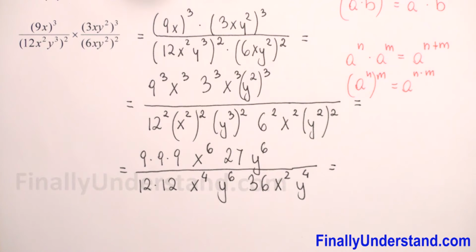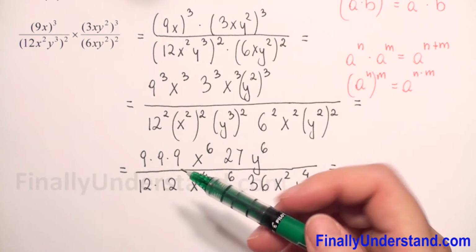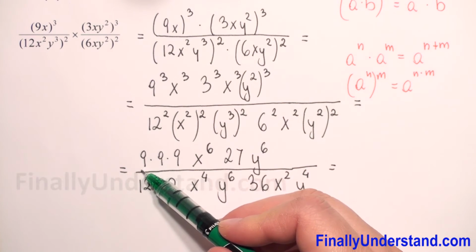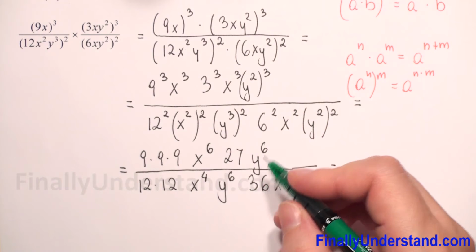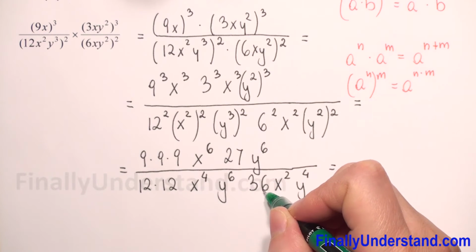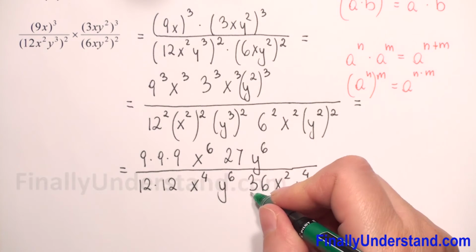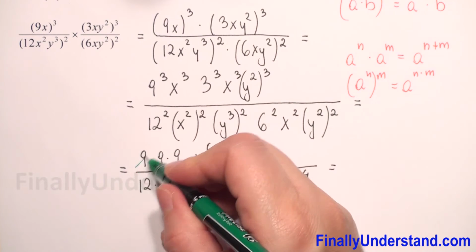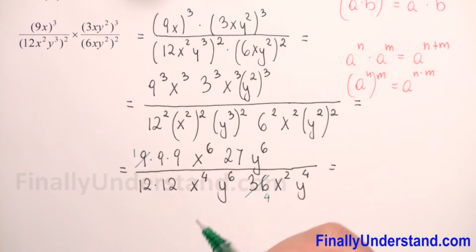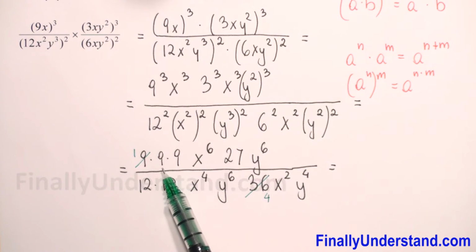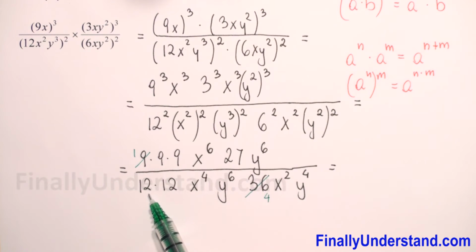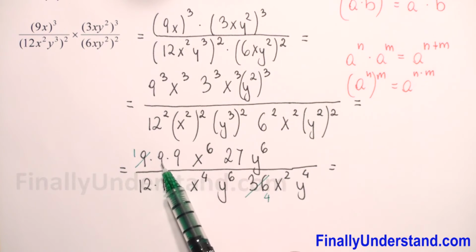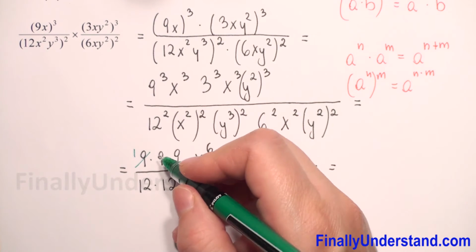Next, first we check the numbers if we can reduce, because we have only multiplication. So 9 with 36 will be 4, because the greatest common factor for 36 and 9 is 9, so 36 divided by 9 is 4, and 9 divided by 9 is 1. Next we have 9 and we have 12, so the greatest common factor for 9 and 12 will be 3.